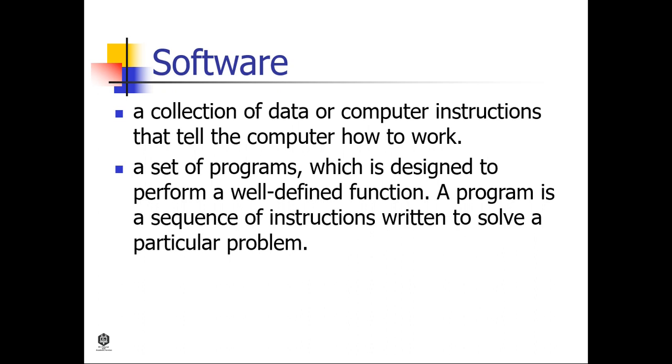Computer software includes computer programs, libraries, and related non-executable data such as online documentation or digital media. Computer hardware and software require each other and neither can be realistically used on its own.